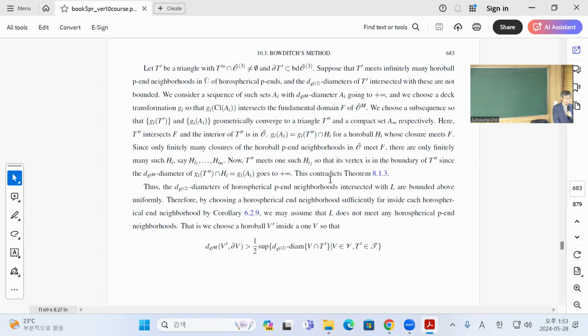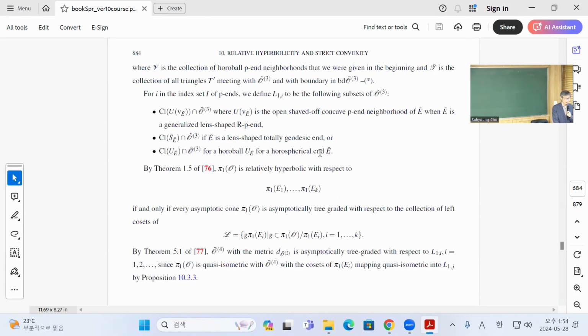So if it intersects with a horoball in a bounded neighborhood, you can remove all these by making the horoball's spherical end neighborhood smaller. Okay, so that's the argument.